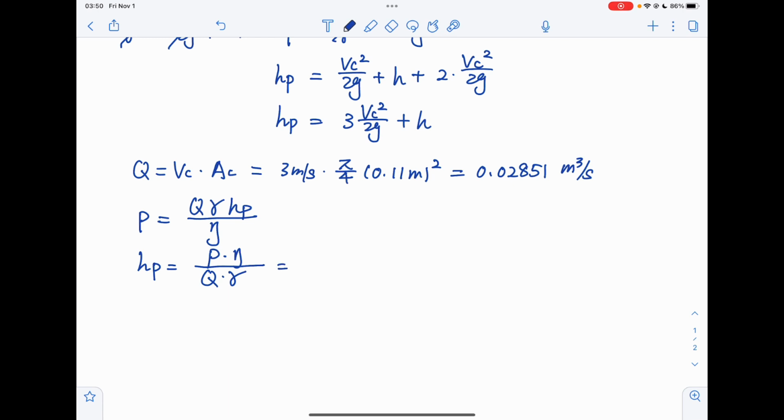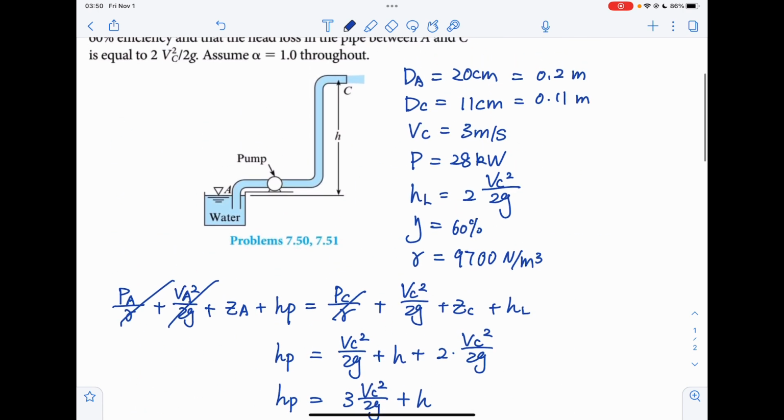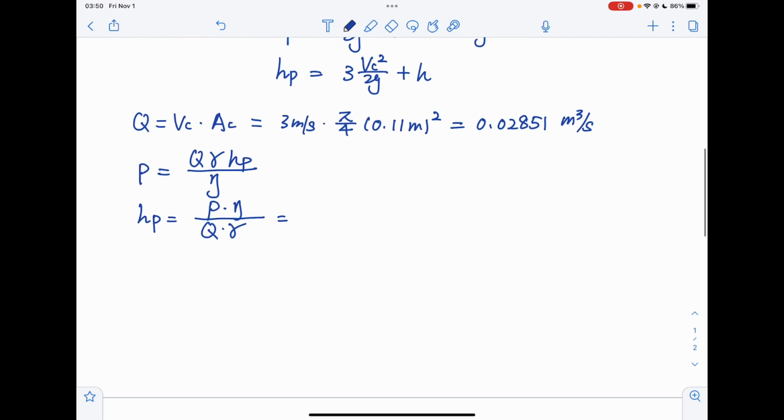The power here is given, which is 28 kilowatt.